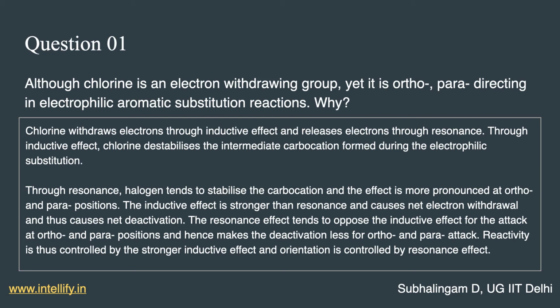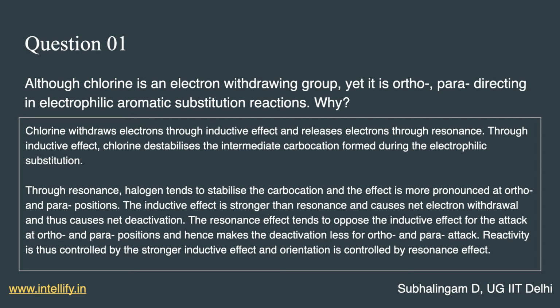The resonance effect tends to oppose the inductive effect for the attack at ortho and para positions and hence makes the deactivation less for ortho and para attack. Reactivity is thus controlled by the stronger inductive effect and orientation is controlled by resonance effect. By reactivity, I mean the deactivating nature, and by orientation, I mean the ortho-para directing nature of chlorine.